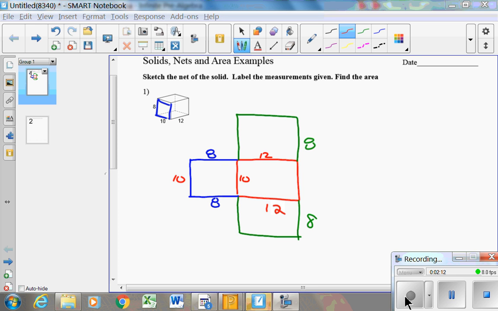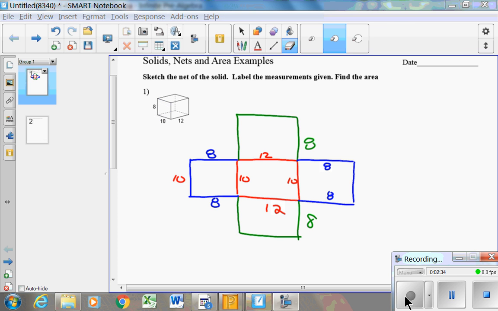It's actually 10 by 8, and I want that to be 10 by 8 on the other side as well. And if I was doing a real good diagram, that blue line and that green line should be the same length because they're both supposed to be 8s as well.